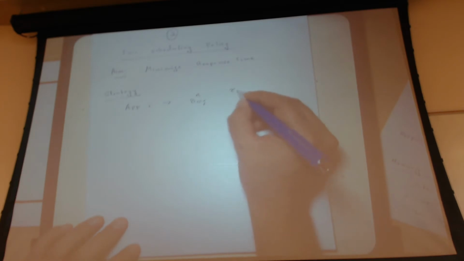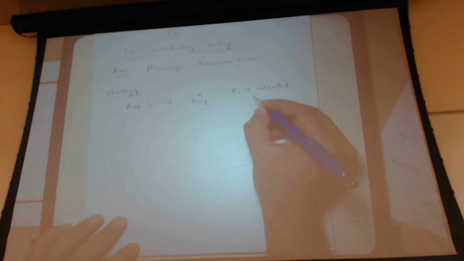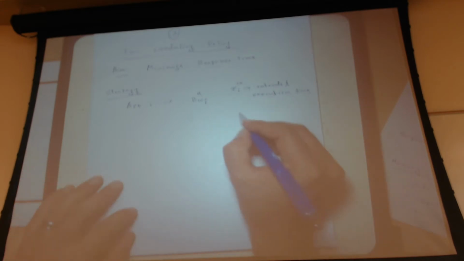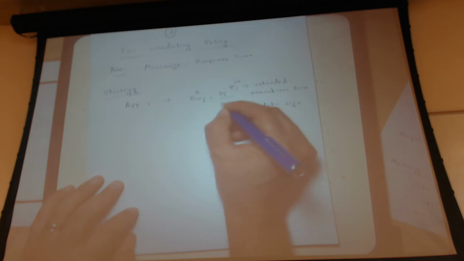Let's say this is t_i, the intended execution time, and the app has to operate on data whose size is d_i. Then the bandwidth required can be obtained as d_i divided by t_i.